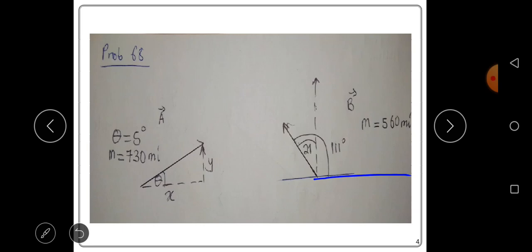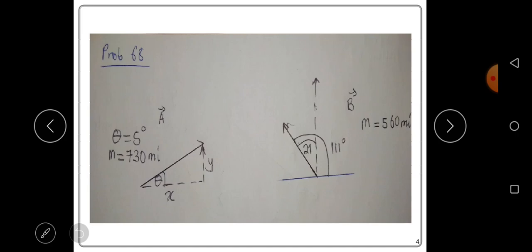So when we make the positive x-axis the reference point, it means this here gives us a 90 degrees angle, plus 21, which gives us 111 degrees. So this angle will be 111 degrees if we make the positive x-axis our reference point.